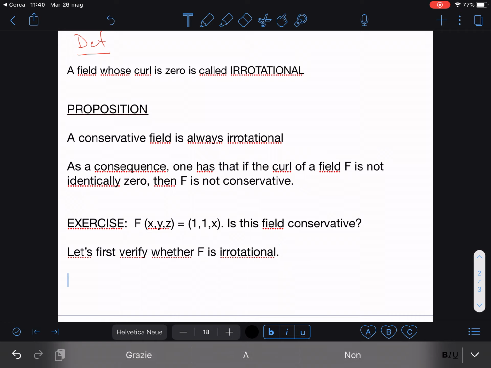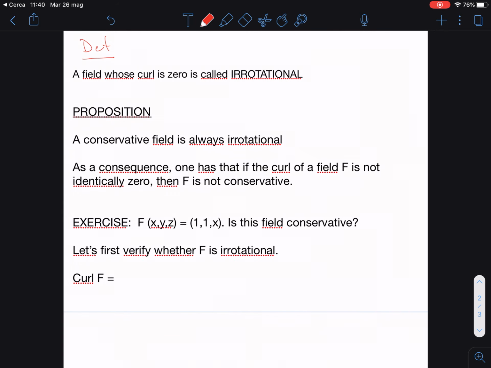So we have that the curl of F is equal to what? Here I have to use the pen.